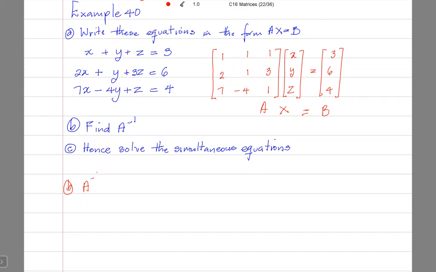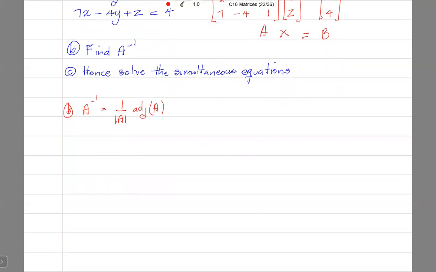A inverse is equal to 1 over the determinant of A times adjoint A. Now, adjoint A is the transpose of the matrix of cofactor. So we have to first determine the matrix of cofactor.